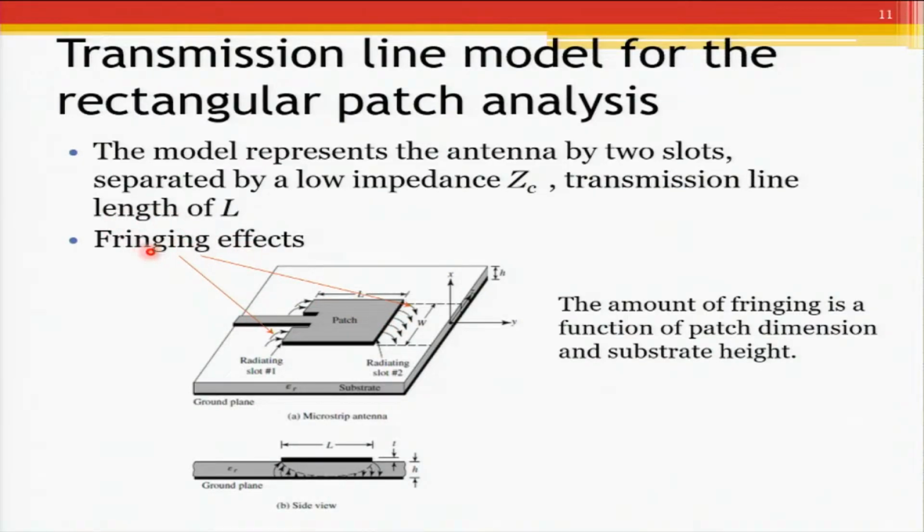This is called the fringing effect. The amount of fringing is a function of patch dimension and substrate height. Therefore, in the design, we need to take this fringing effect into account, and we will see that shortly after this.